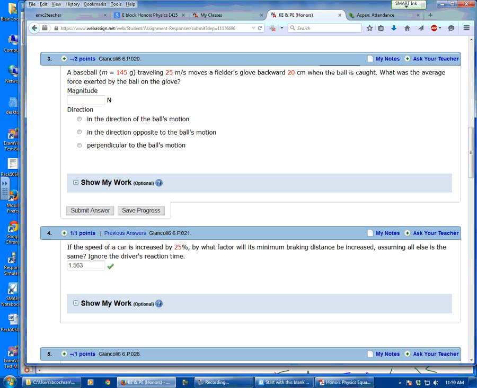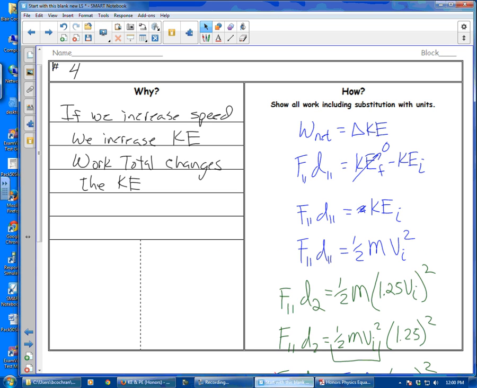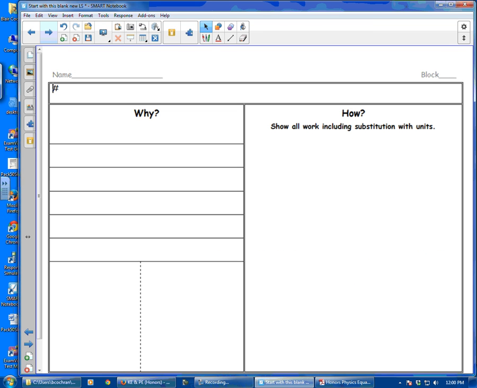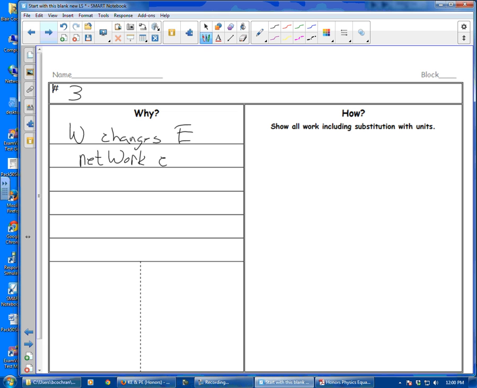So you need to work in base units on this. But it's really a lot of the same ideas here as our other ones, that work changes the energy, and in this case, the net or total work is changing the kinetic energy.